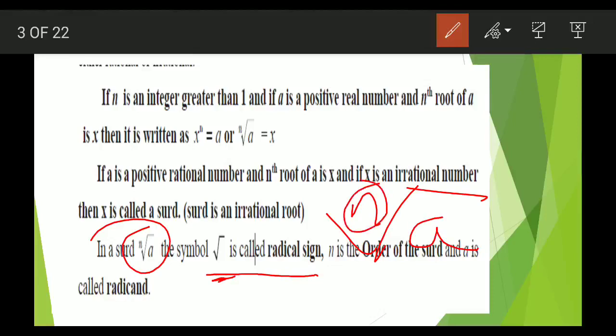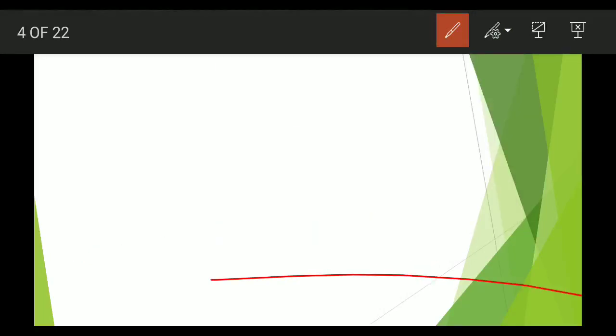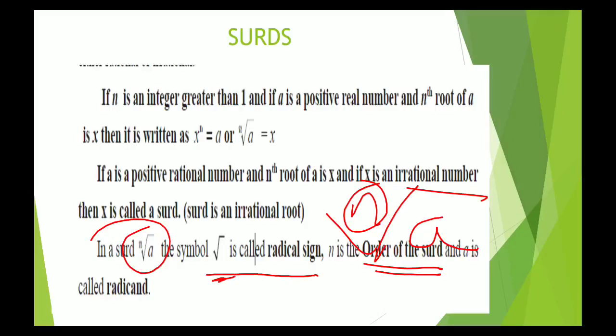This n is called the order of the surd, and a is called the radicand.